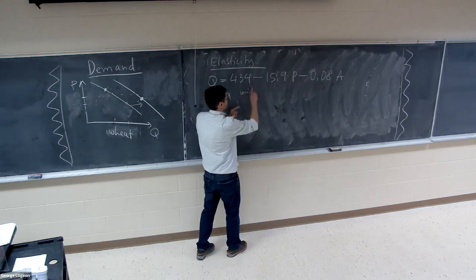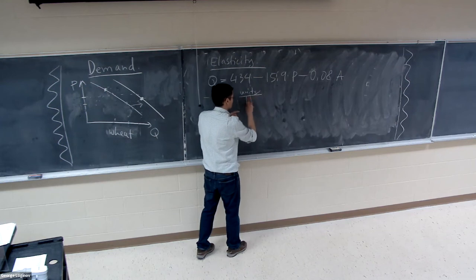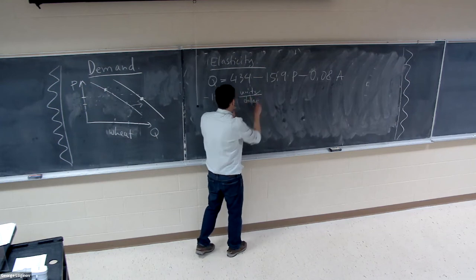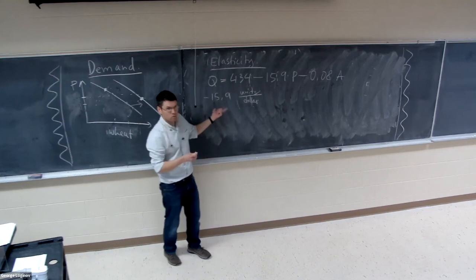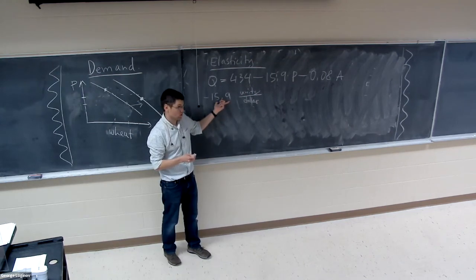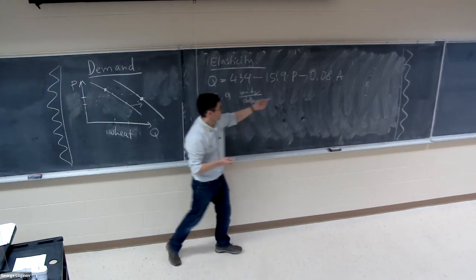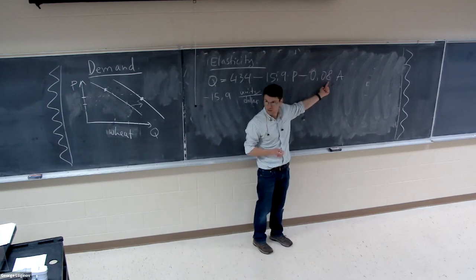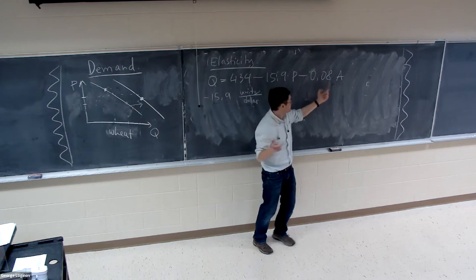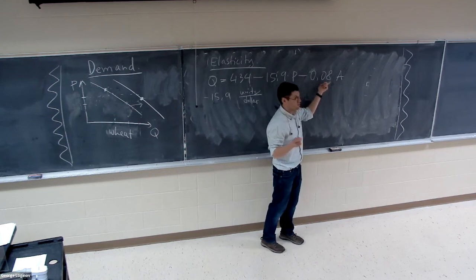A $1 change in price will result in a 16-unit change in your predicted sales. What is the unit here? Units per dollar too. A $1 change in your advertising will change your sales by 0.08 of a unit. So you need to spend another $100 to sell 8 more units.